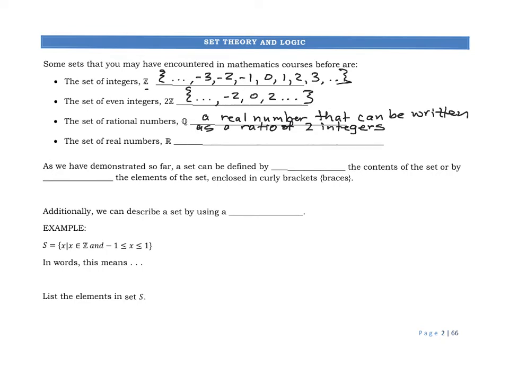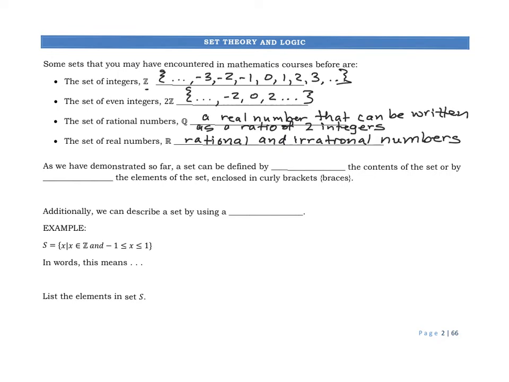Set of real numbers would be the set, or I guess it would be the rational and irrational numbers. Now we just defined what a rational number was. Remember that irrational numbers are non-repeating, non-terminating decimals.